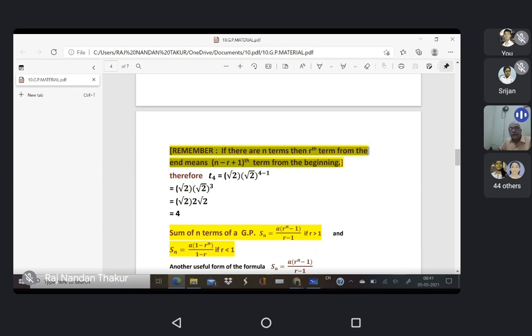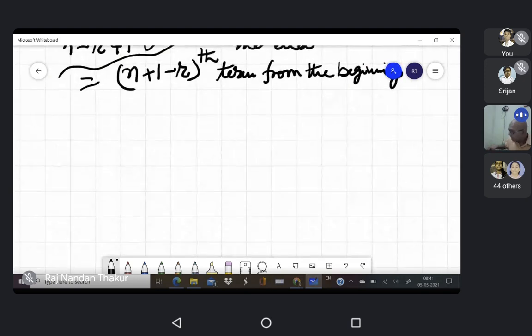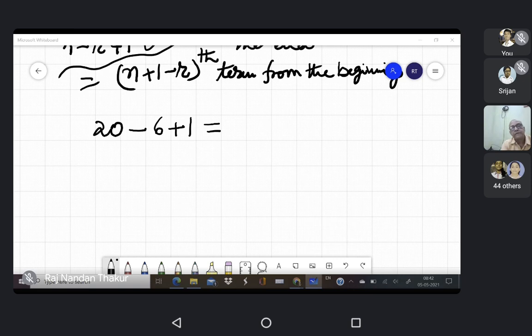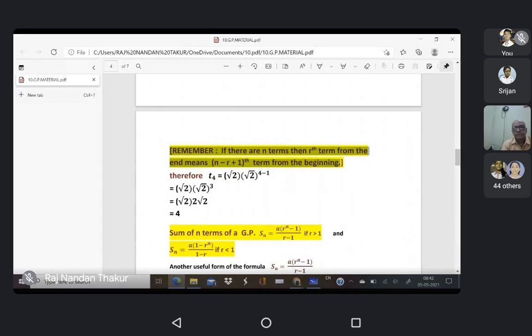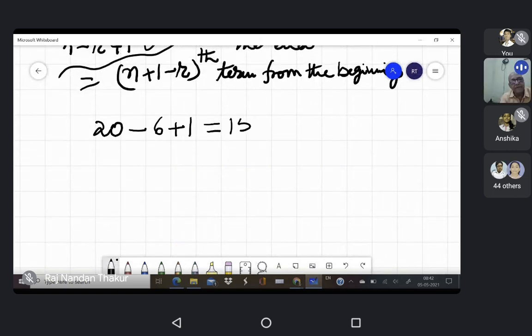Why? I'm giving you a practical reason. Suppose there are 20 terms and we are looking for the 6th term from the end. You write like this. It is how much? 15. That is correct.